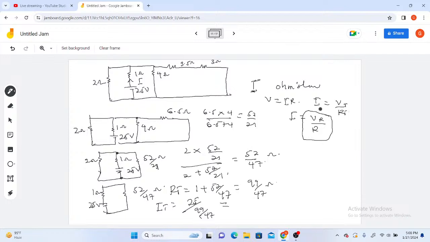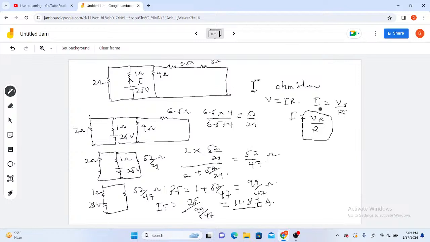That is giving us a huge number, and we are getting 11.87 amperes. So this is the total current, 11.87. I left this in decimal because it's my final answer. If not, I would have left it in the fraction until I finish. So once I have 11.87, that will be the current from this side.